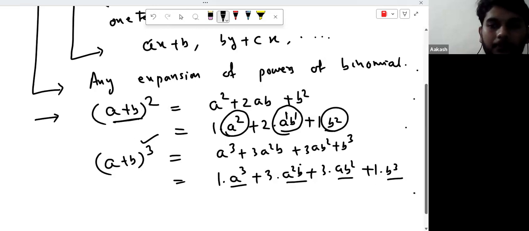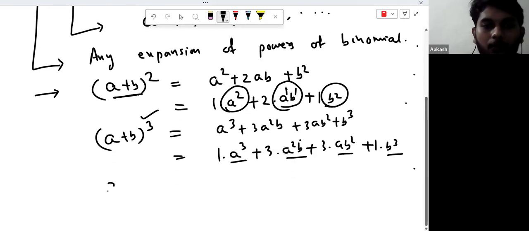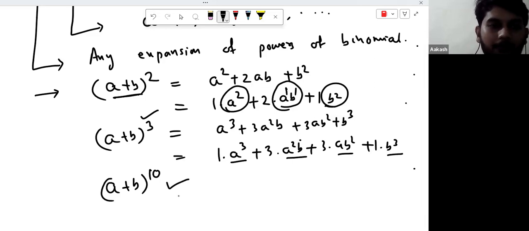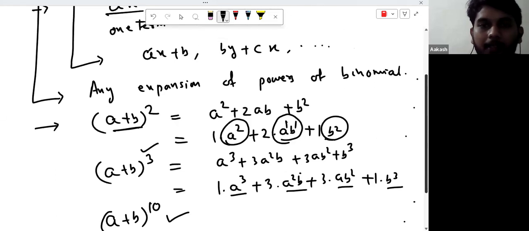Now someone asks you what is a plus b to the power 10. Now what to do? This is what we are going to learn in this chapter. If you have different powers of binomial, then how to solve them. Okay, so you can write it down first.